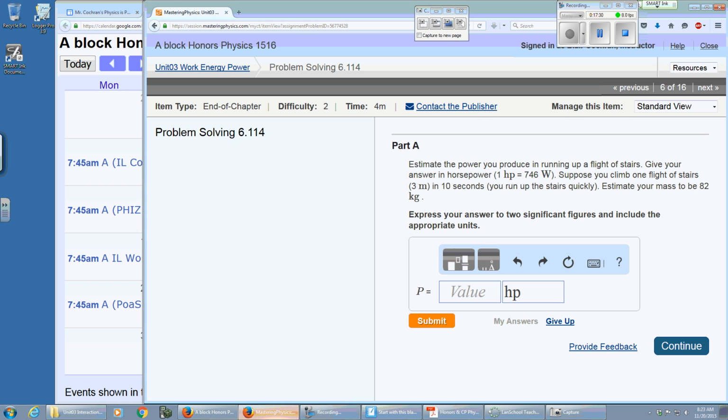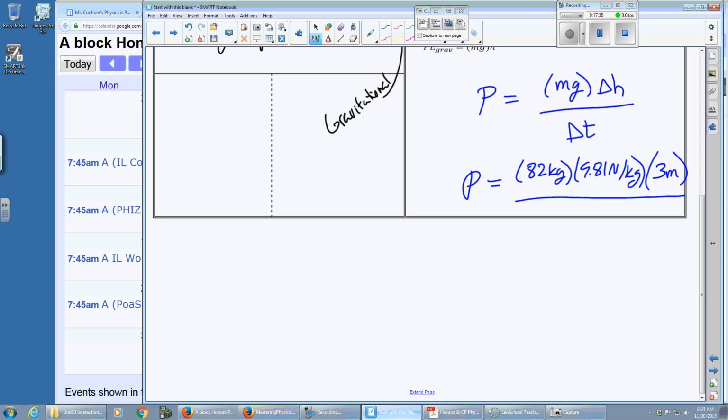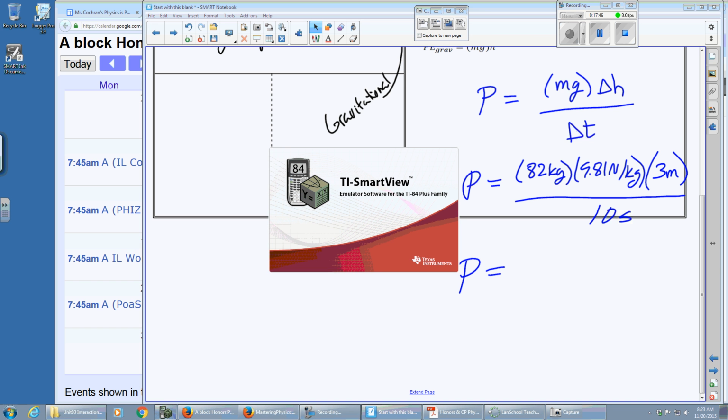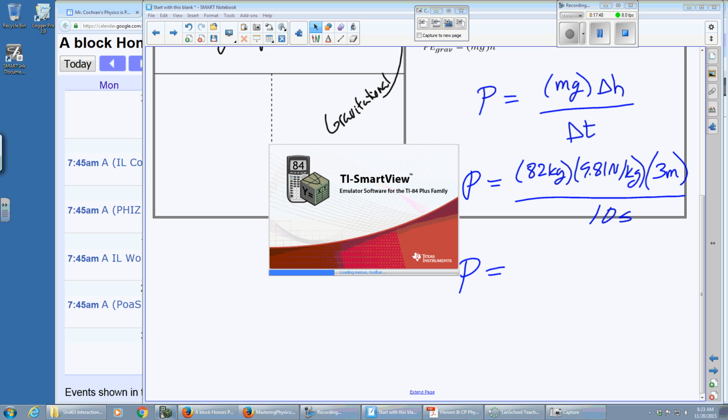And then I do that in 10 seconds. So my change in time is 10 seconds. And that gives me my power. I'm going to calculate what that is so I can then convert it.